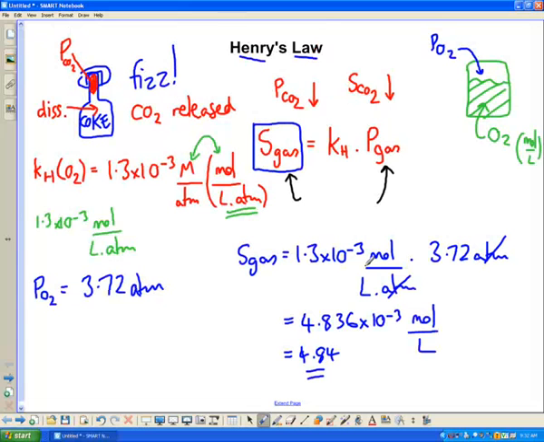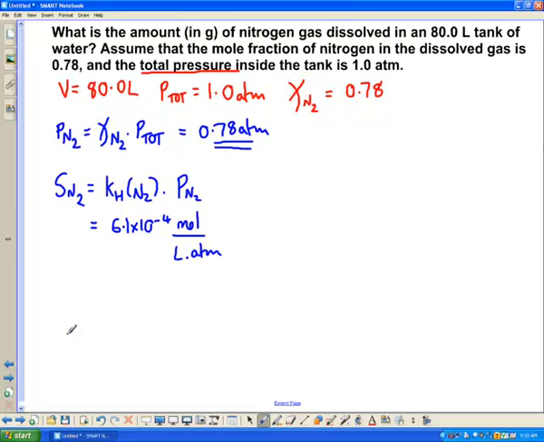Notice that these units are exactly the same as these units here. The partial pressure of nitrogen we just calculated to be 0.78 atmospheres. So therefore the solubility, or the concentration of nitrogen within this solution, if we get rid of those two sets of atmosphere units, is 4.76 times 10 to the negative 4 moles per liter of nitrogen.